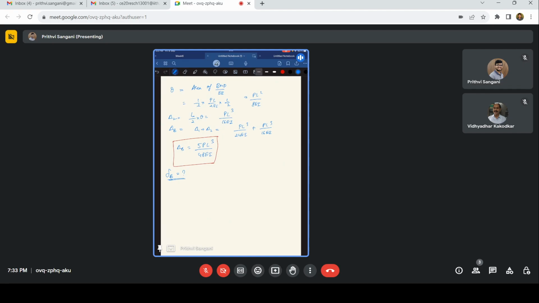This is 16, 5PL minus 8PL, 3PL by 16. So we have 3PL by 16. In which direction? That is important. So this is going to be in this direction. 3PL by 16. All right.